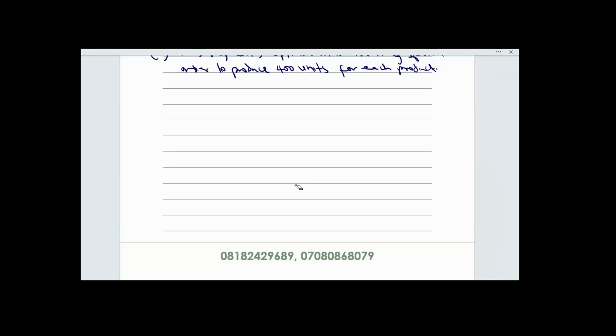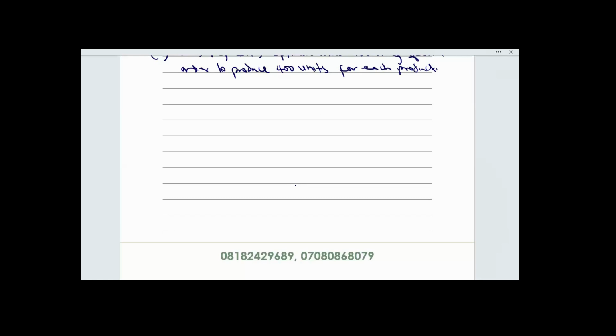The units the company normally produces for its final products are given consideration first. It is when you have spare, idle capacity that you can use it to produce the special order. So in this instance, the examiner has told you that the units you are given in this question do not include the special order to produce 400 units for each product.